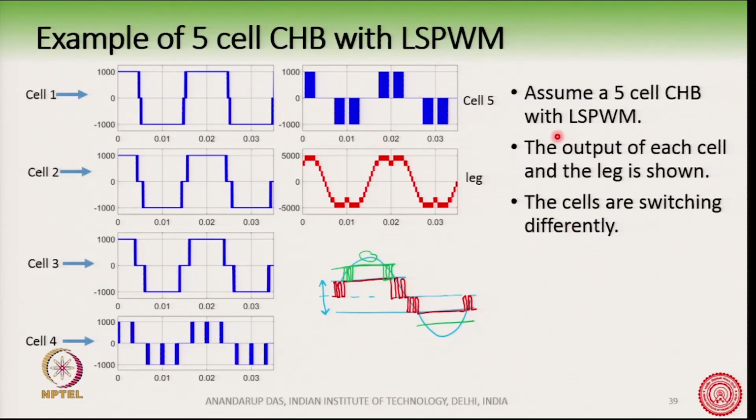So, if we go on doing this rotation of pattern, say I ask cell 1 to take this pattern for 1 second, and then after 1 second I ask cell 1 to take this pattern, after 1 second this pattern and then this pattern, then over say 5 seconds I have asked cell 1 to go through all these patterns, so that the loss distribution becomes the same for all the cells.